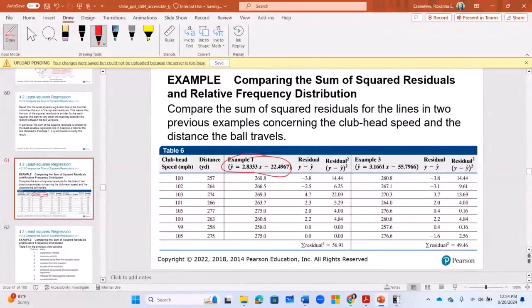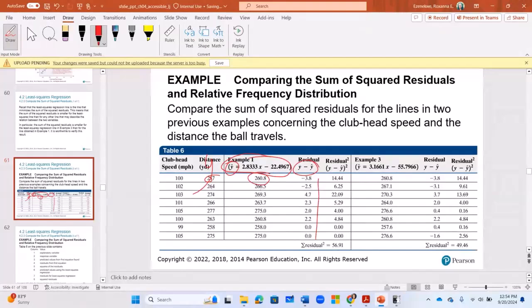So what am I supposed to do now? This minus this. 257 is the original y, and this is the predicted. The observed minus predicted is the residual. So subtract this from this, and you get these individual numbers.